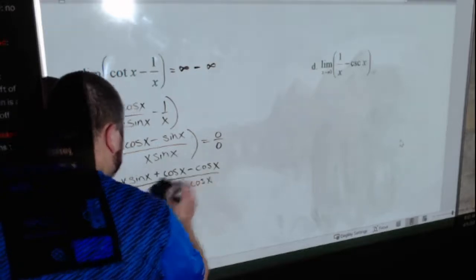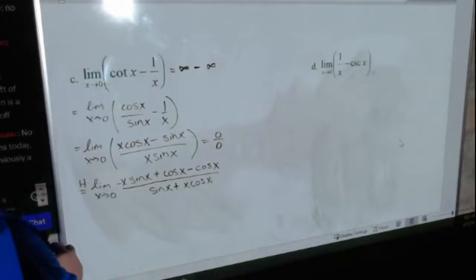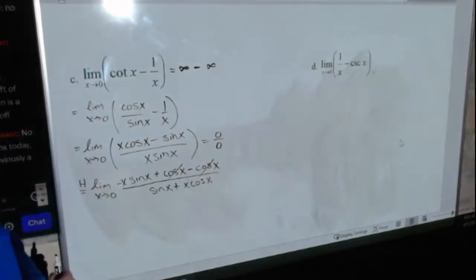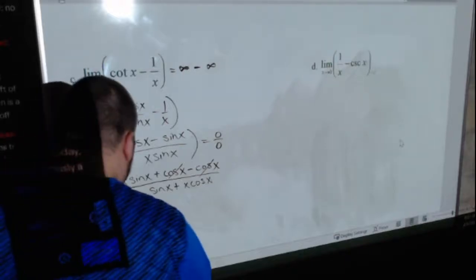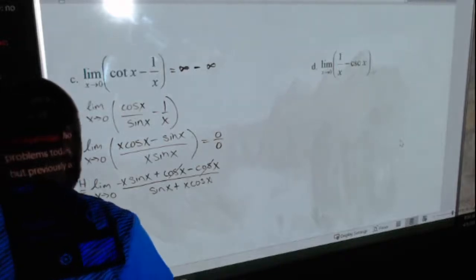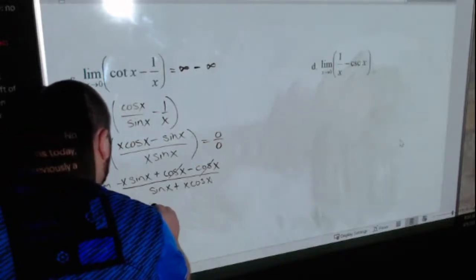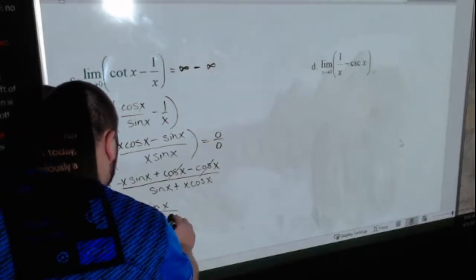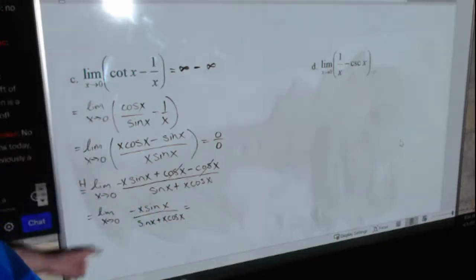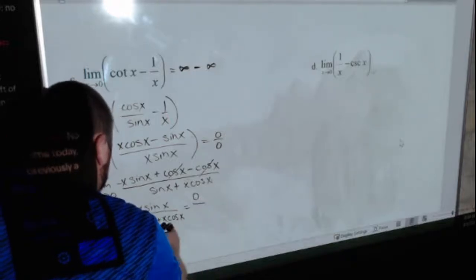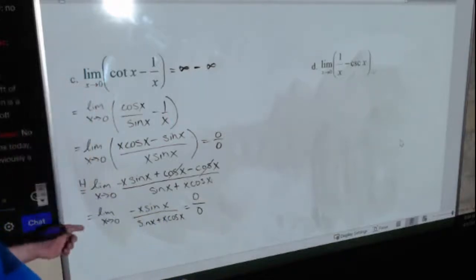Take derivative of sine. So we've got cosine x minus cosine x. We can get rid of those. So just rewriting. Then substituting 0 in. So this would be 0 over, and these would both be 0. So that tells me I need to do it again.